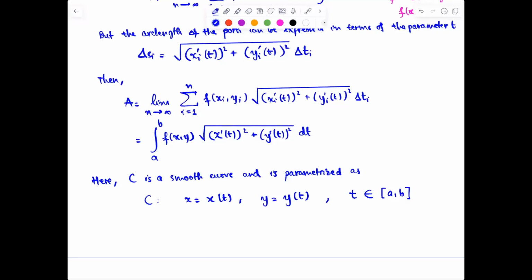Okay, we good? So this is the formula to calculate the line integral of the scalar function. But here the calculation depends on the parameter t. Any questions?